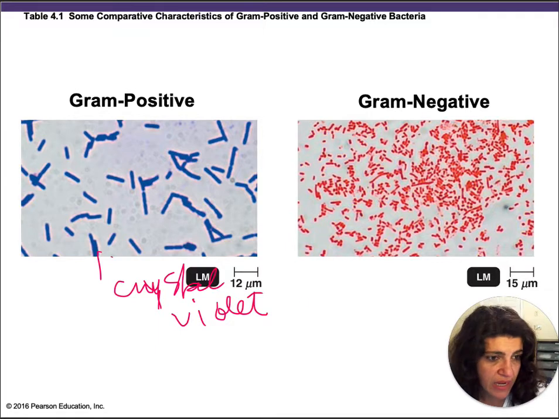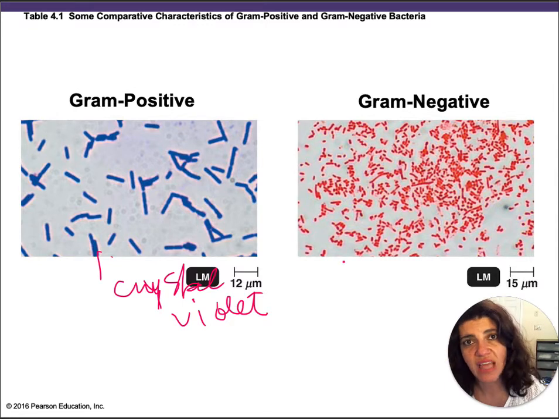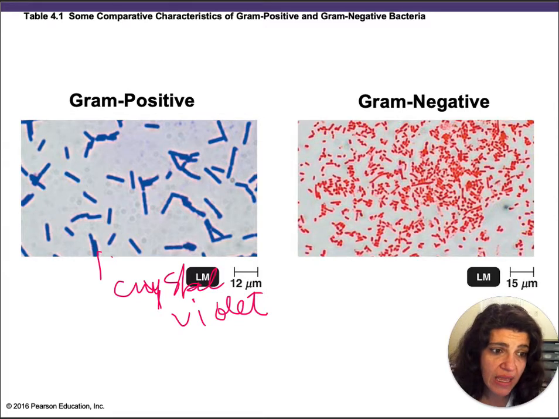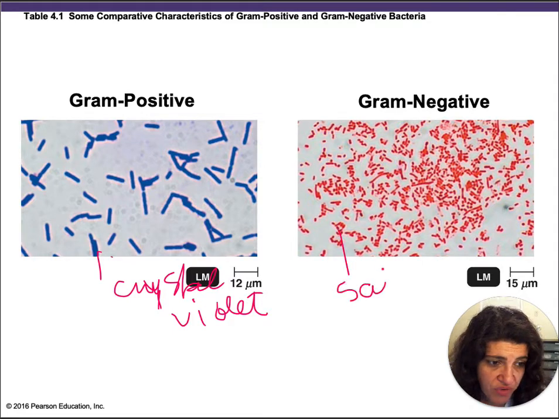While the gram-negative, as they lost their crystal violet because the alcohol that is the next step after the crystal violet made poke holes on their outer membrane and on their plasma membrane, they are going to be counterstained with our second dye, which is, so this red comes from safranin.